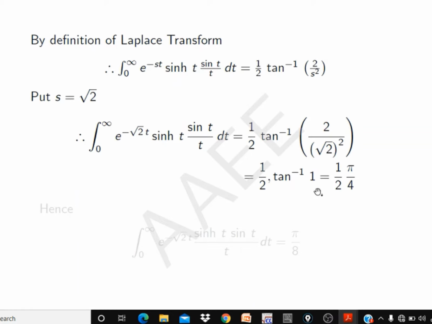So 1 by 2 tan inverse of 1, but tan inverse of 1 is pi by 4. Hence you get the required answer, that is, the value of the integral where s is equal to under root of 2 is pi by 8.